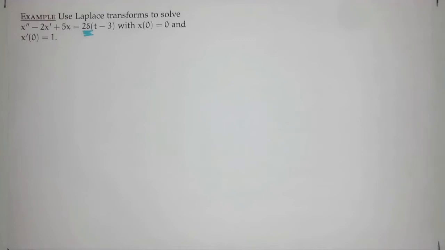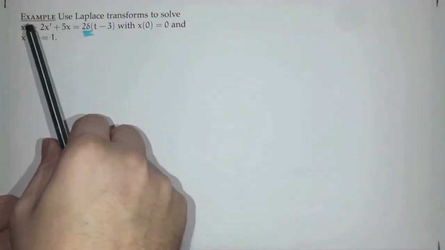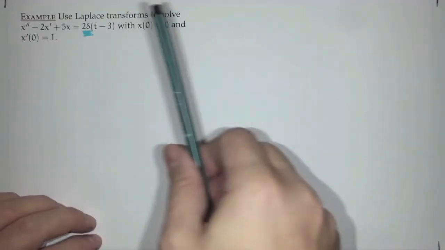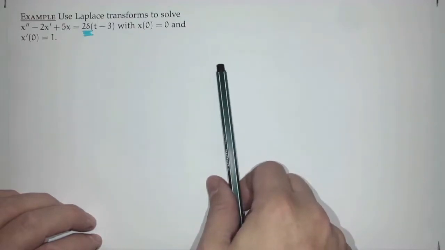Okay, so if we're solving something by Laplace transforms, where do we start? We start by saying the basic idea is we're going to take this equation, currently in terms of t, and take the Laplace transform of both sides, turning it into essentially an algebra problem involving s.